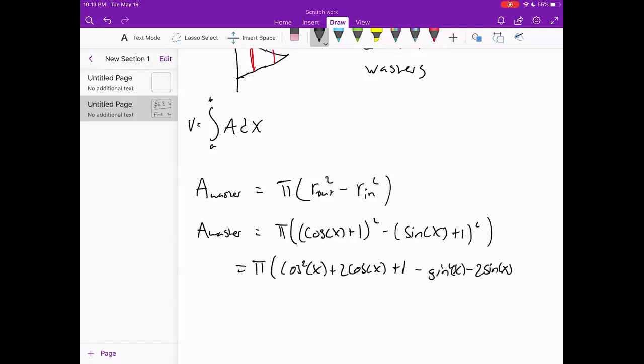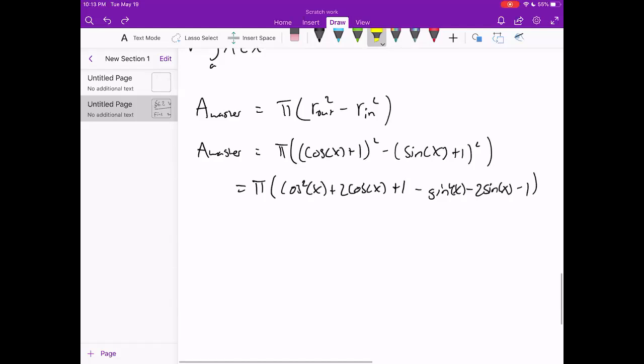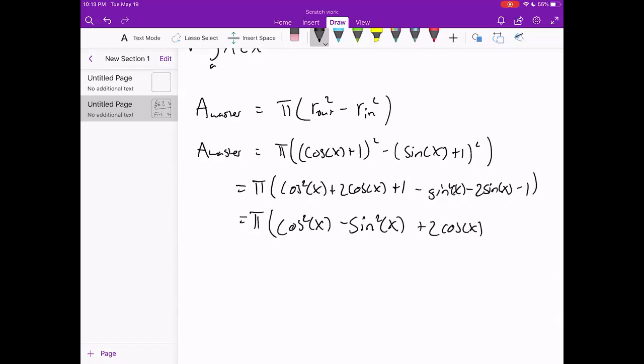All of these get minus signs because there was the minus sign here that I just highlighted. And let's simplify just to get as far as we can go. This is pi times cosine squared of x minus sine squared of x plus 2 cosine of x minus 2 sine of x. So I'm going to leave it here, though.